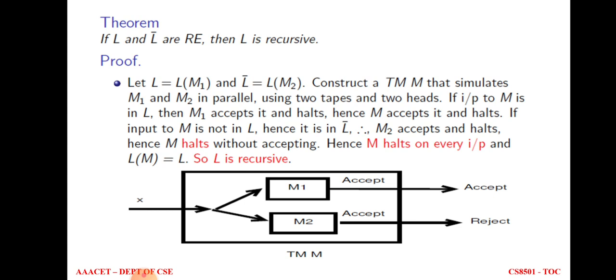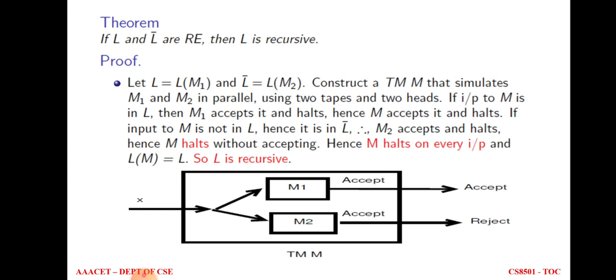So there are two cases. One is M1 accepts the language and halts. The second case is M2 accepts the language L dash and halts, so M halts without accepting. In the second case, the Turing machine halts its operation but without accepting. In the first case, the Turing machine M halts after accepting the input string.